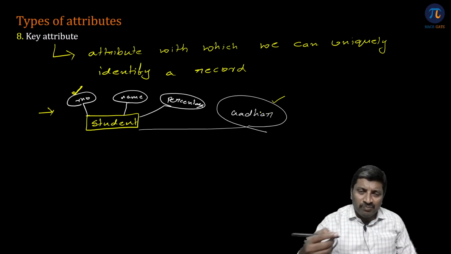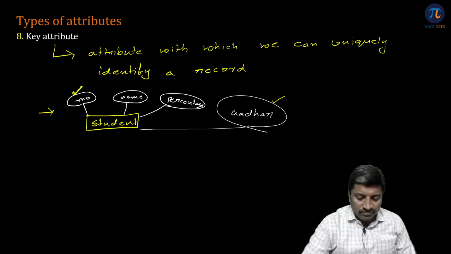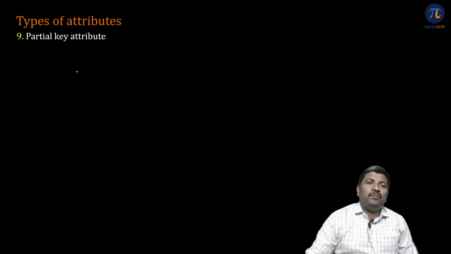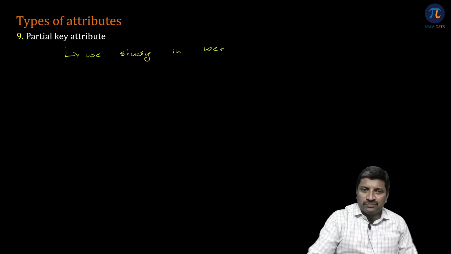Generally, when we have multiple options for keys, we select one of them as the primary key. Then partial key attribute, this we study in weak entities. I will discuss weak entities and strong entities after a few minutes.